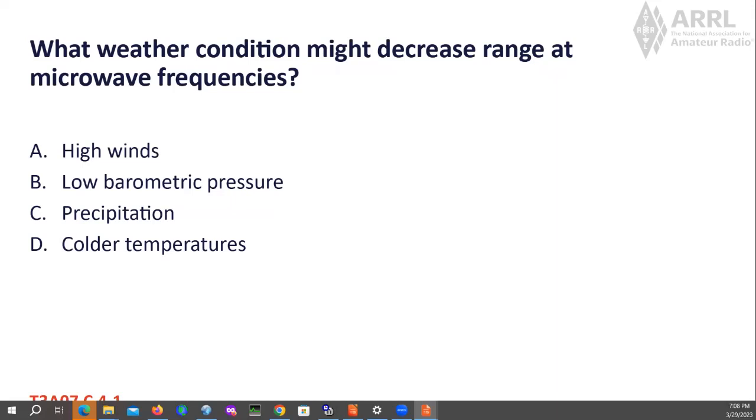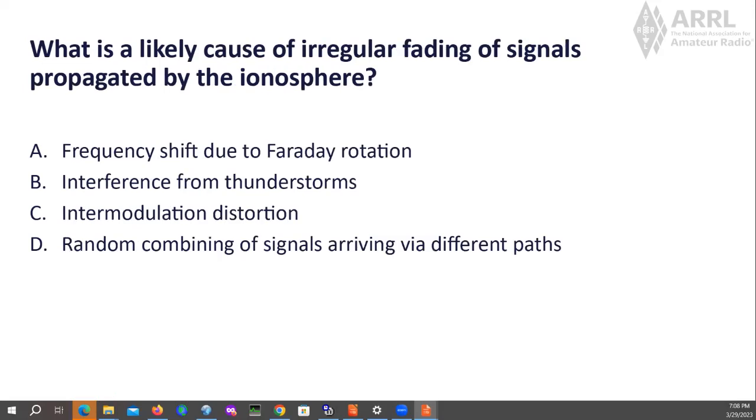What weather conditions might decrease range at microwave frequencies? The answer is C. Precipitation. What is a likely cause of irregular fading of signals propagated by the ionosphere? D. Random combining of signals arriving by way of different paths.